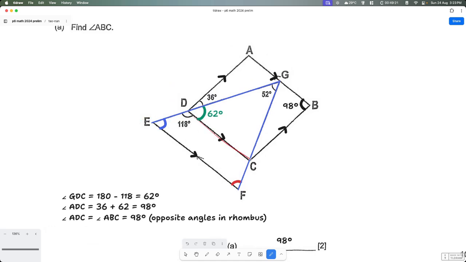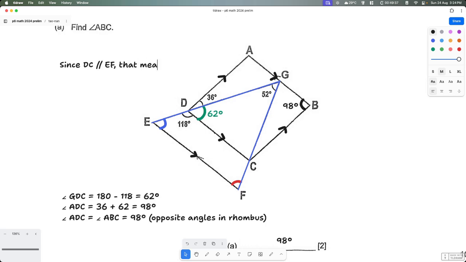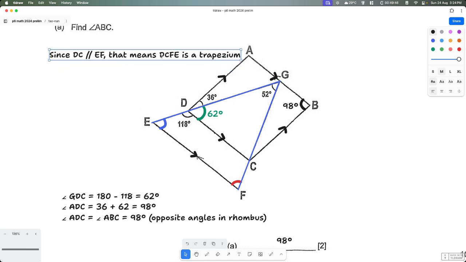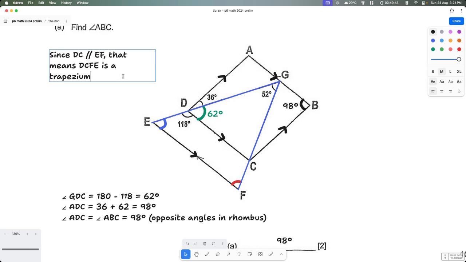Yes, we can. Since this is not a parallelogram but a trapezium, since DC is parallel to EF, that means DCFE is a trapezium. Okay, right? So this is where we can solve this.